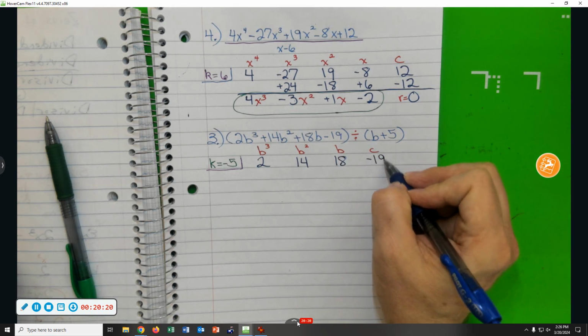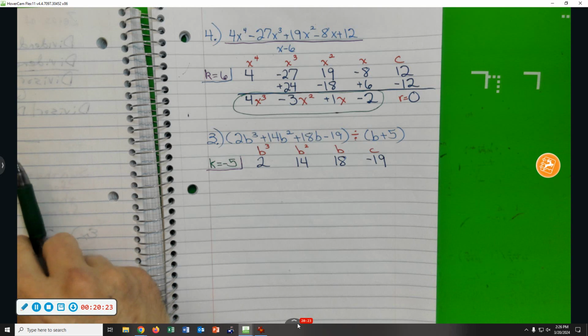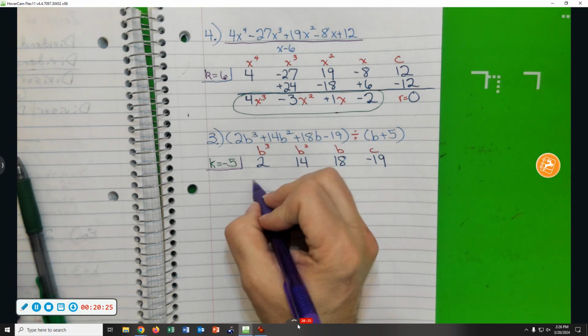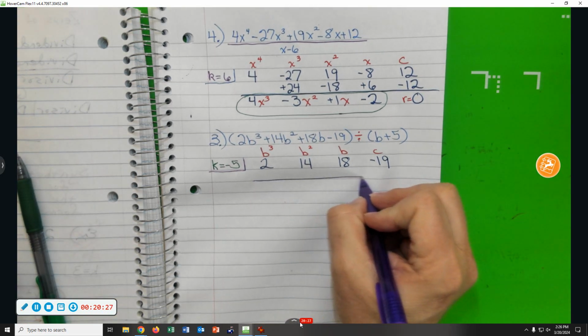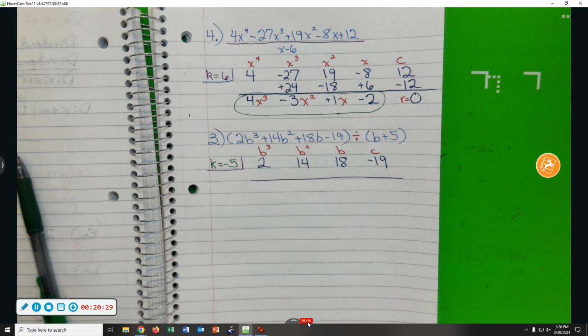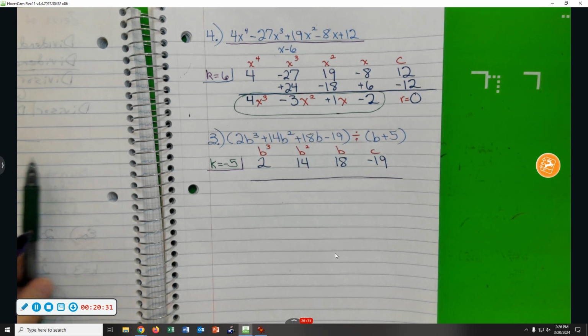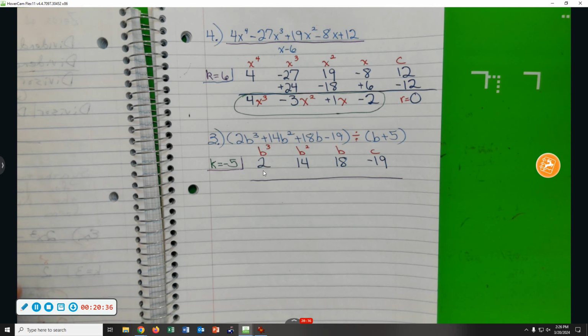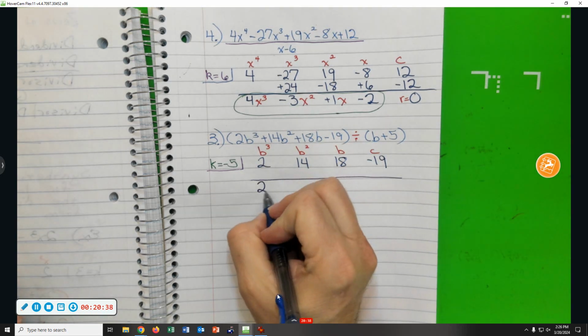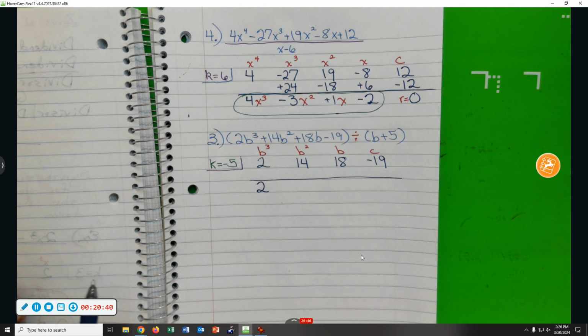Okay, good. Then we skip a line, draw our equal sign. What do we do to get this process started? 2. You bring down the 2, I agree. And then what do you do with that 2?